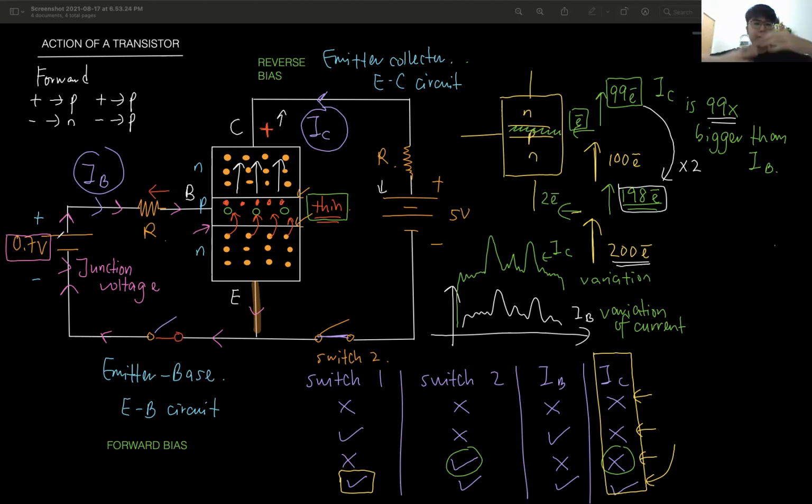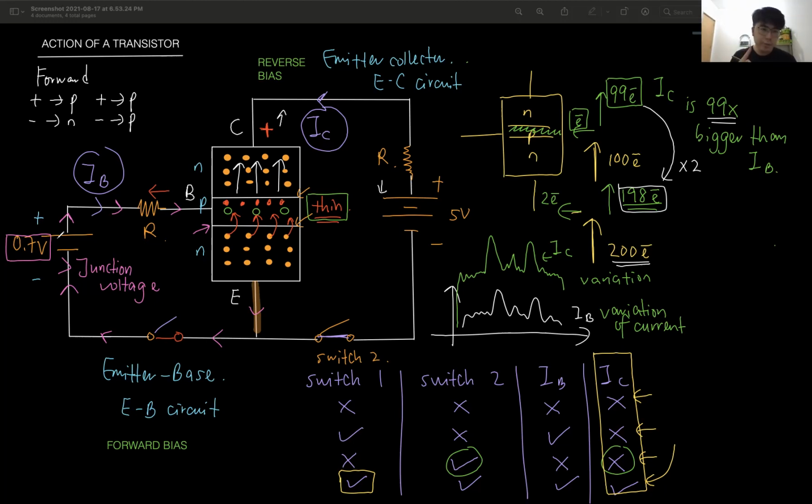And this variation of current goes into the transistor, and the output current, connected to the IC, the collector, has the same variation, but amplified. So you hear your same voice because it has the same pattern, but much louder at the speaker.